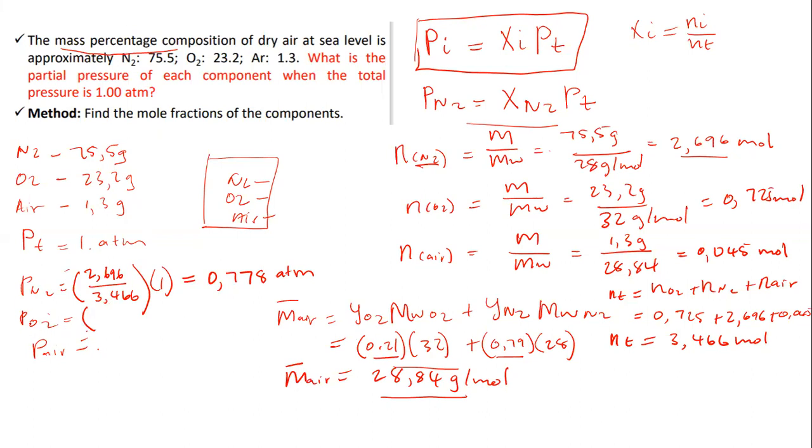Okay, so for oxygen, you're going to do the very same thing. What is the number of moles of oxygen? The number of moles of oxygen is 0.725. So you're going to say 0.725 divided by the total number of moles, which is 3.466, multiplied by the total pressure, which is 1 atm.